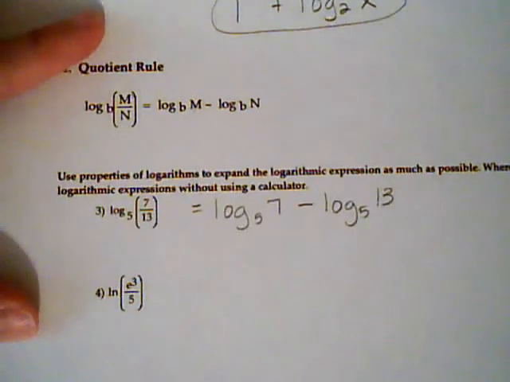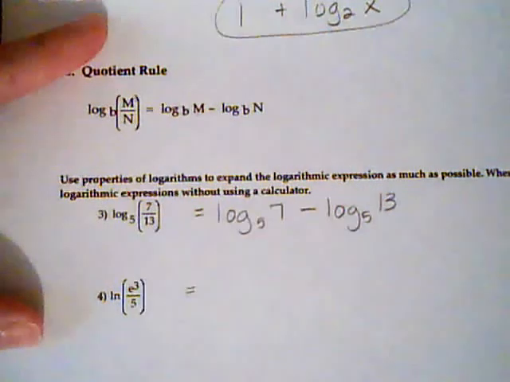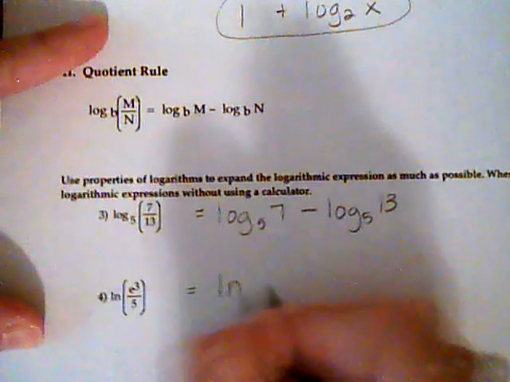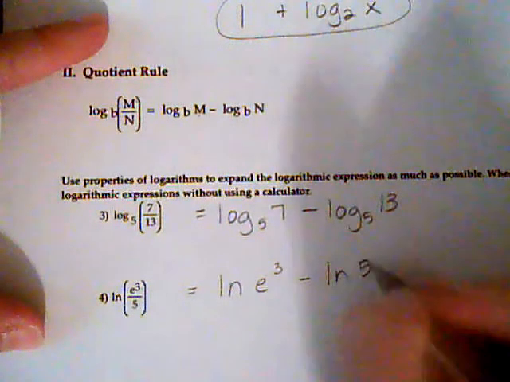Okay, if we look at number 4, these properties also apply to our natural log expressions. So I could rewrite this as the natural log of e to the third minus the natural log of 5.